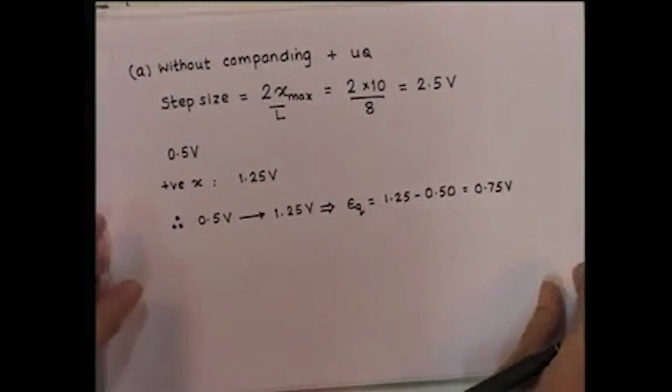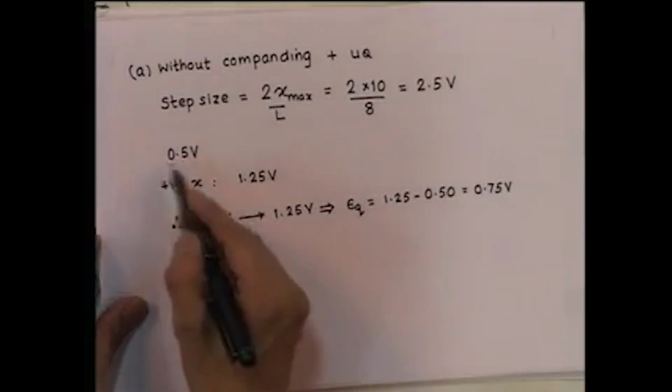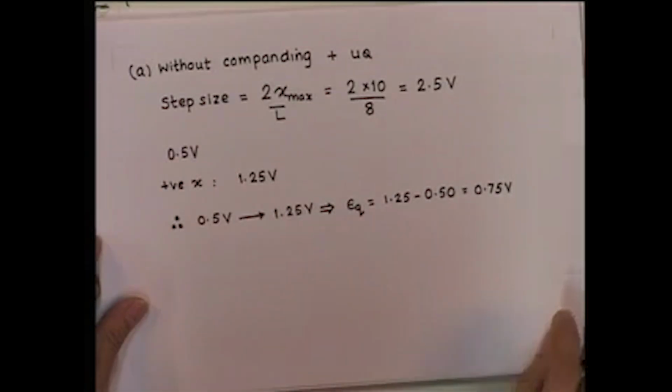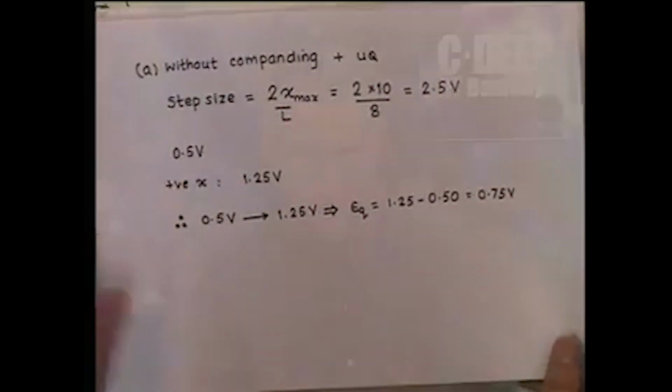Now, let us look at the quantization of 0.5 volt with the help of mu law compander.